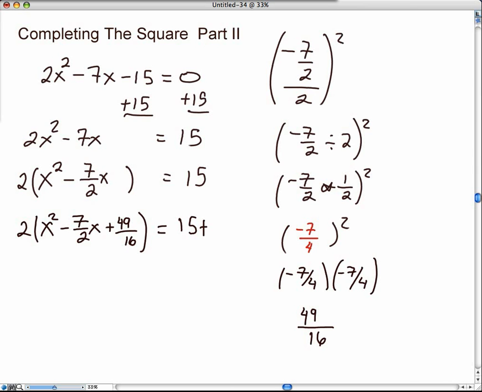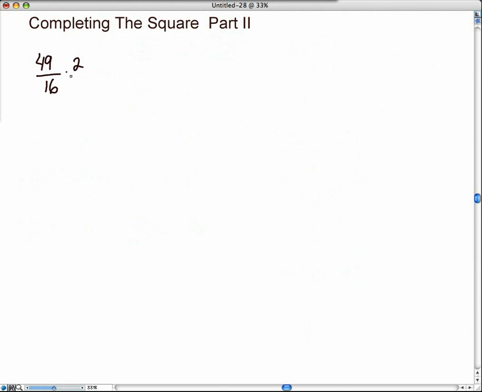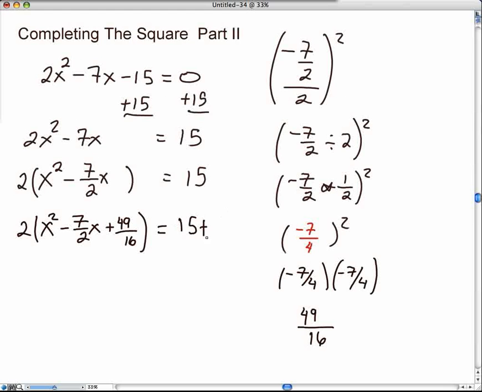So 49 over 16 times 2 over 1, that's 49 times 2, which is 98. So that's really 98 over 16 times 1 is 16. We're going to visit that in a little while. So that's really 98 over 16.